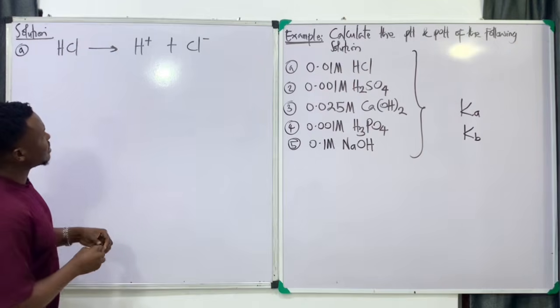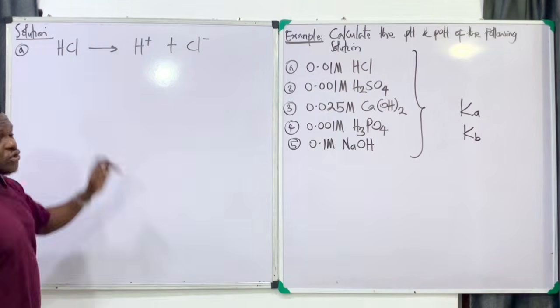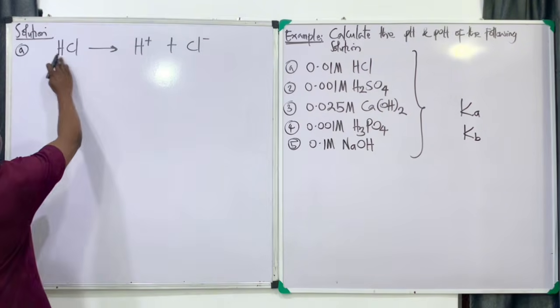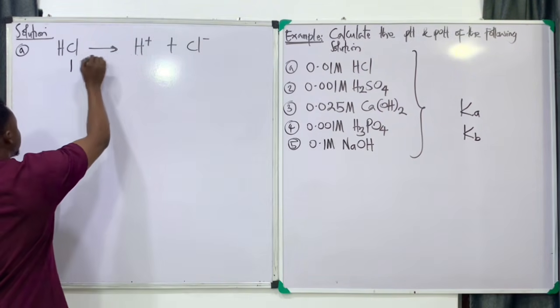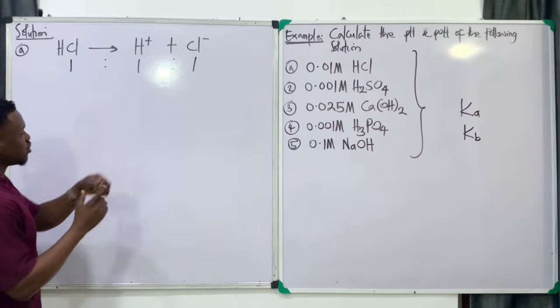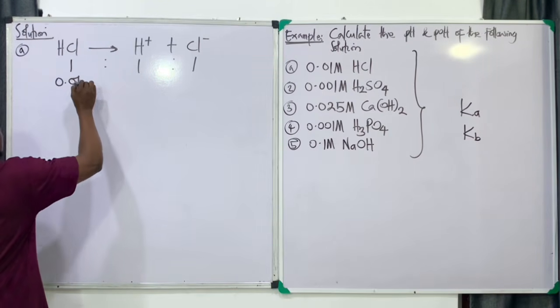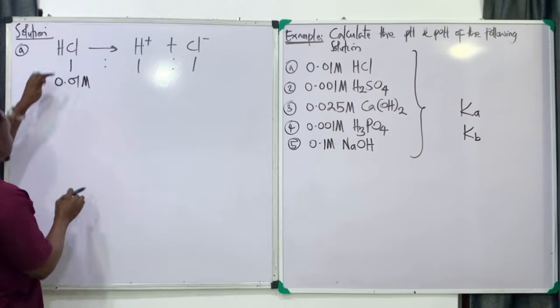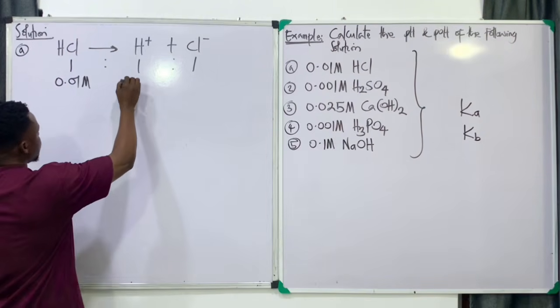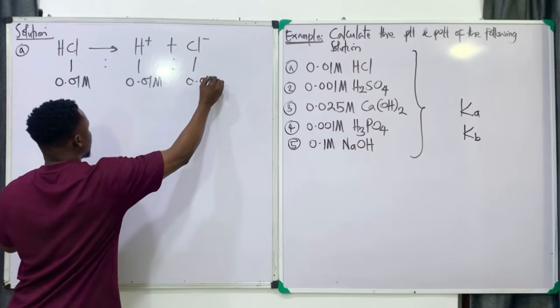This is a strong acid, so you can choose to add water or not, it doesn't really matter. Based on this, the ratio is 1:1:1. The concentration of the HCl was 0.01 molar. Since this is 1 and this is 1 as well, this will also be 0.01 molar and this will be 0.01 molar.